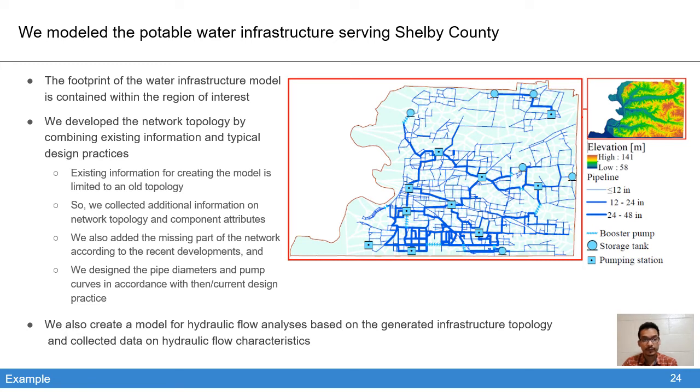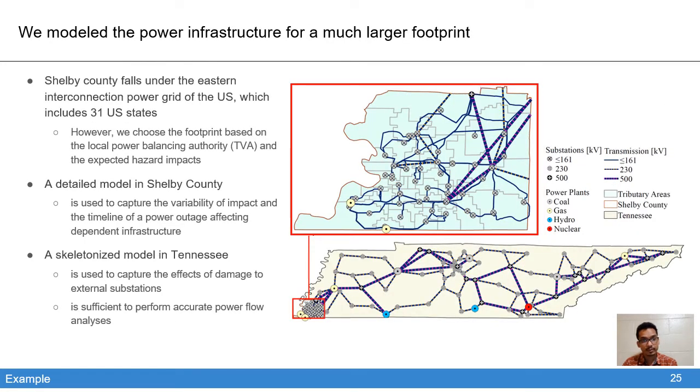The footprint of this water infrastructure model is self-contained within Shelby County, and it enables us to perform an accurate hydraulic flow analysis. We modeled the power infrastructure for a much larger footprint. We have a detailed model in Shelby County and a skeletonized model for the state of Tennessee, which enables us to perform an accurate power flow analysis.